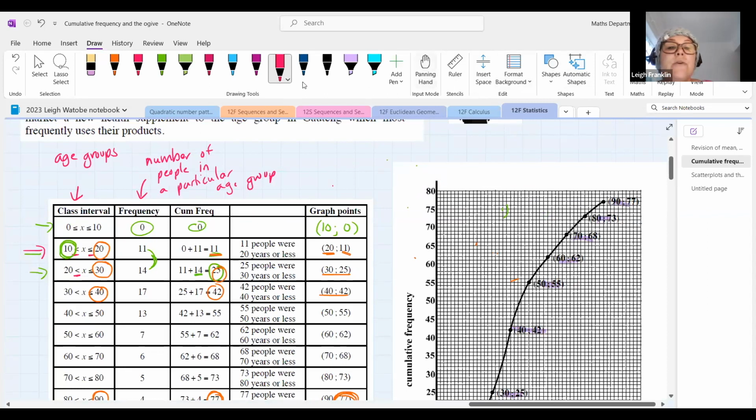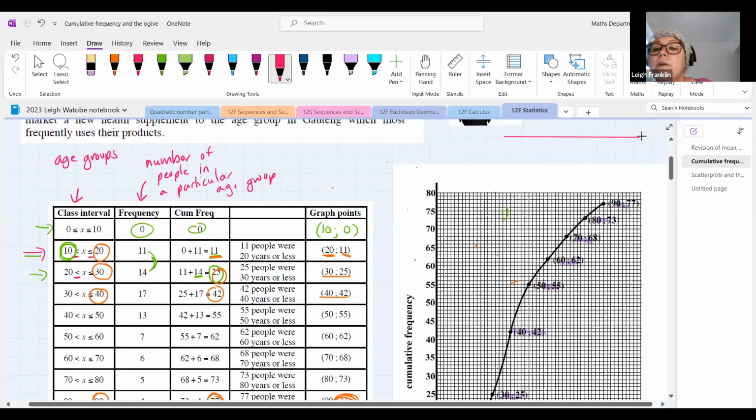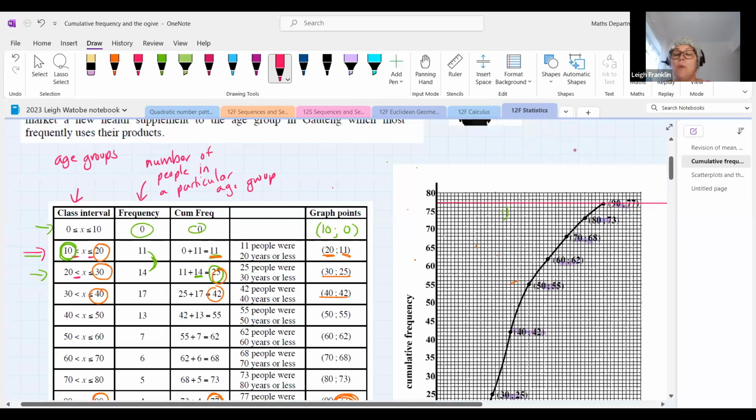Let's try that again. A straight line, and you would read across. That would tell you how many people took part in the study. Can you see the 77 at the end? The 77 over here correlates with 77 over there, and then we would know how many people were in the study.